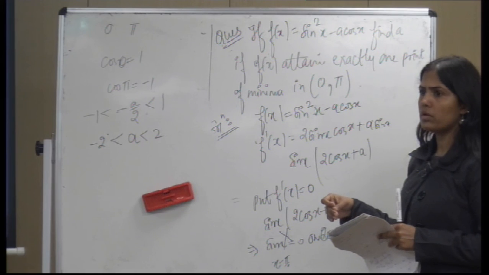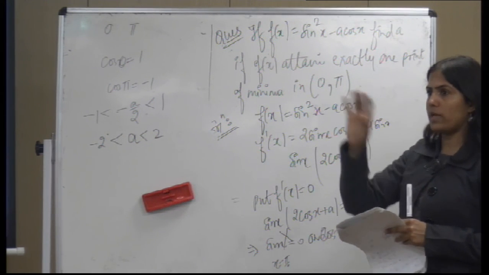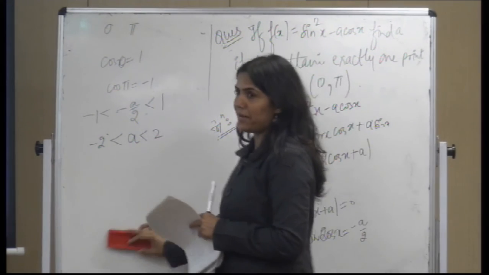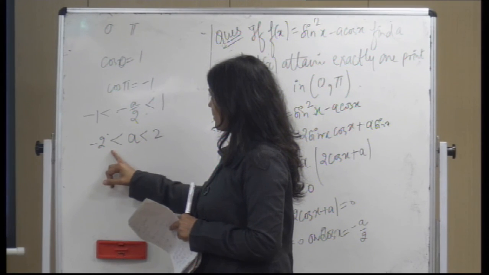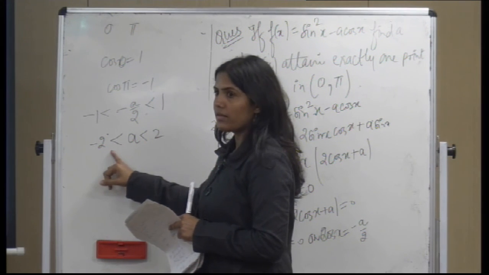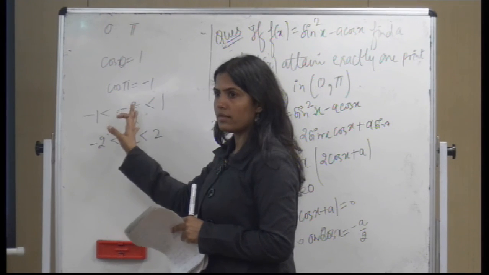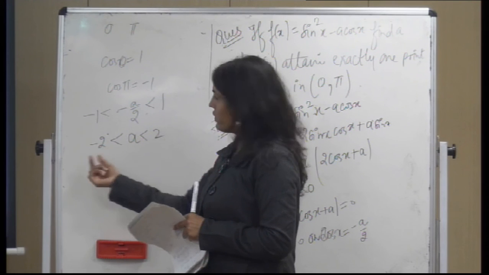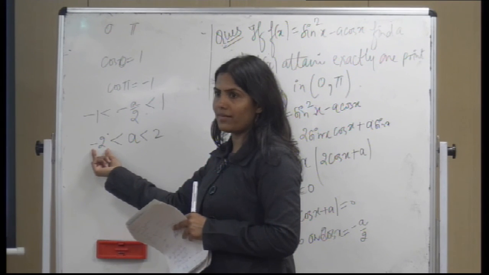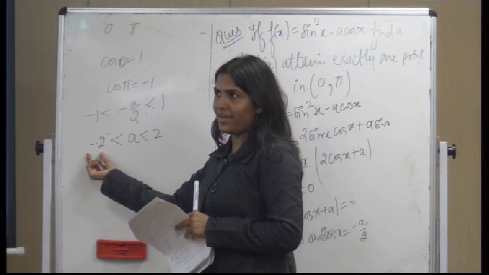So 2 to minus 2, this is the interval you are telling me. But obviously minus 2 will come to this side. I cannot say 2 less than a less than minus 2.